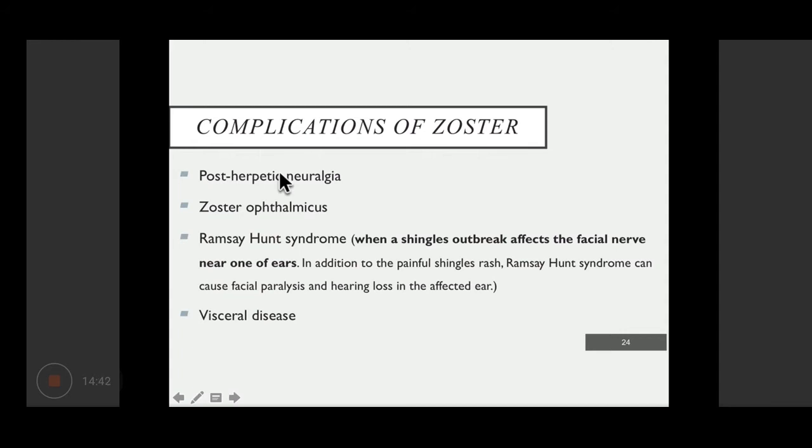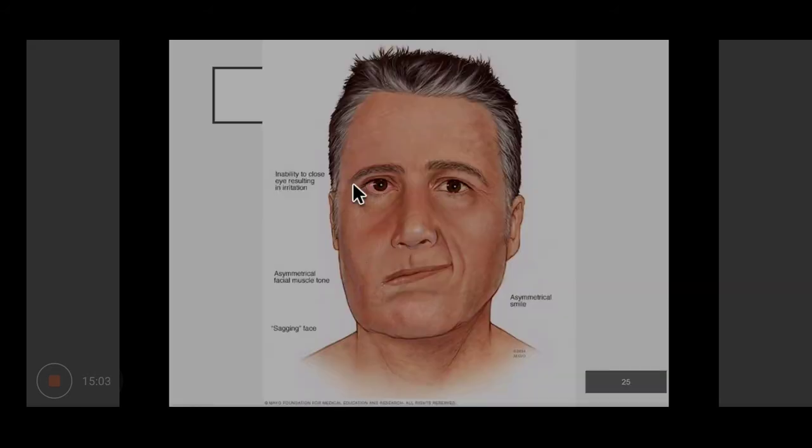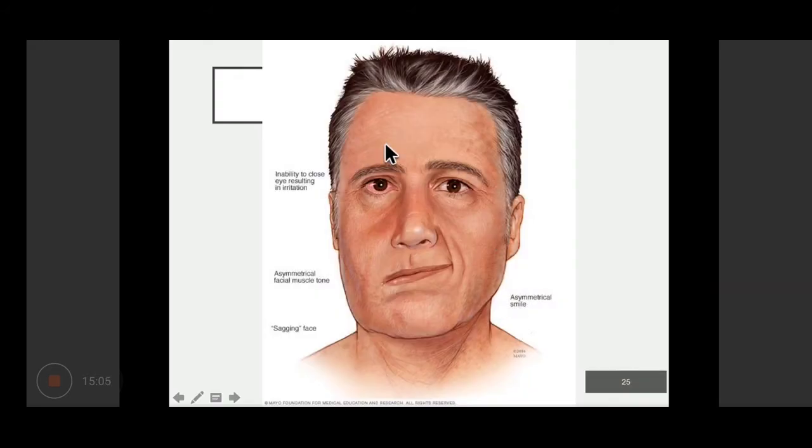Then if the facial nerve is involved, Ramsay-Hunt syndrome can be seen, in which there are painful rashes, and it may even cause facial nerve paralysis and hearing loss in the affected ear. Very rarely it can also involve internal visceral organs. So this is a patient suffering from Ramsay-Hunt syndrome with facial nerve paralysis following zoster.